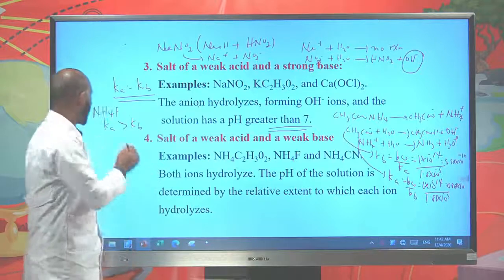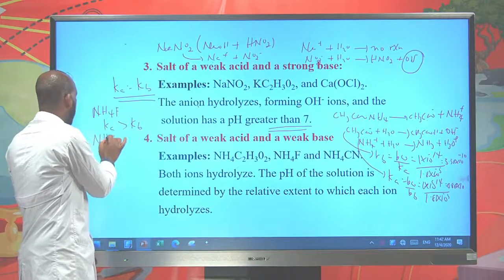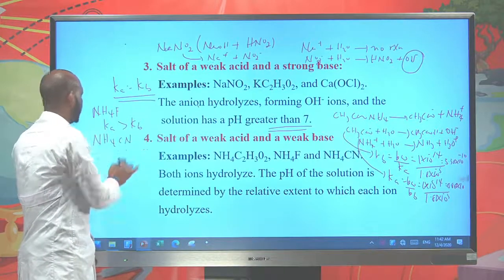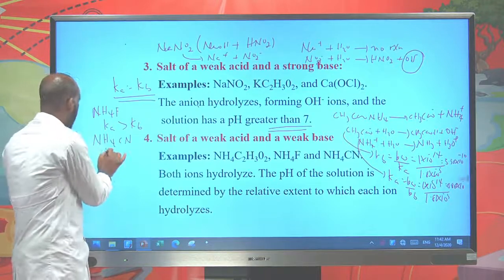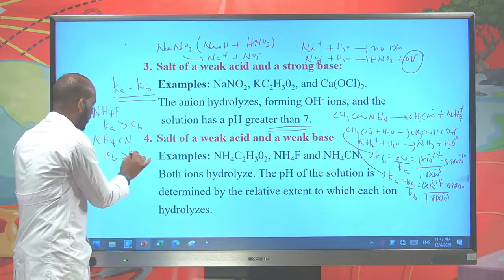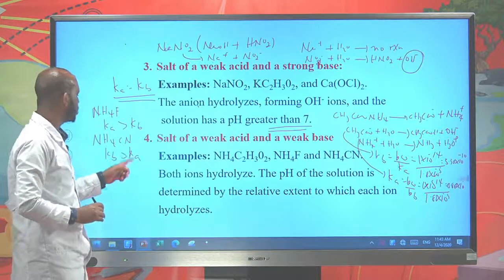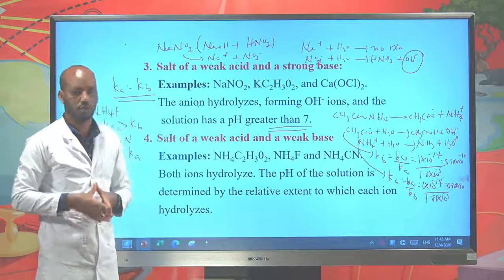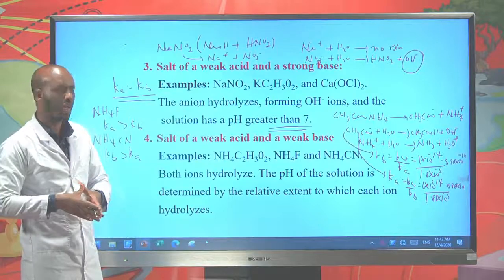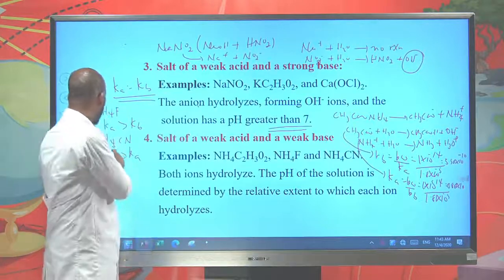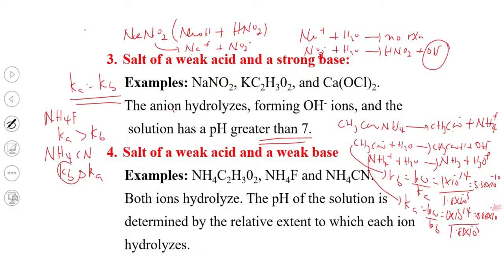For ammonium cyanide, NH4CN, K base is greater than K acid. The dissociation constant of the base is greater than that of the acid, which shows that an excess amount of hydroxide ion is produced in the solution and the solution becomes basic, and the pH is greater than 7.